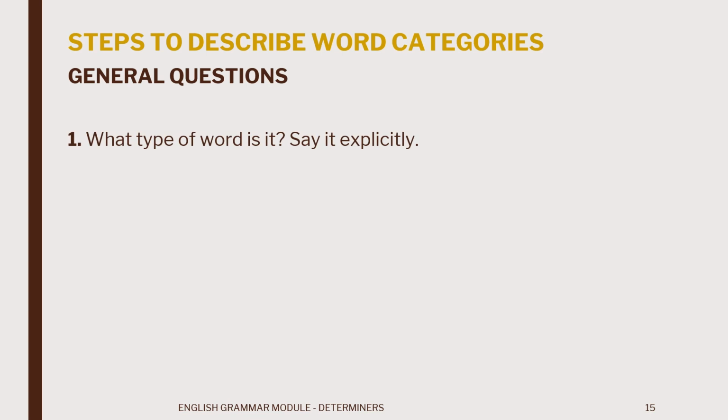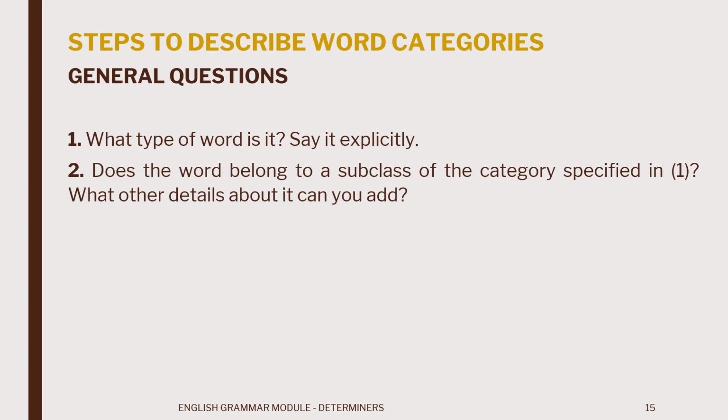You need to mention the word category. Okay, you need to say this explicitly. Then the second question, does the word belong to a subclass of the category specified in 1? If it is a noun, what kind of noun? If it is a determiner, what kind of determiner? And what other details about it can you add?